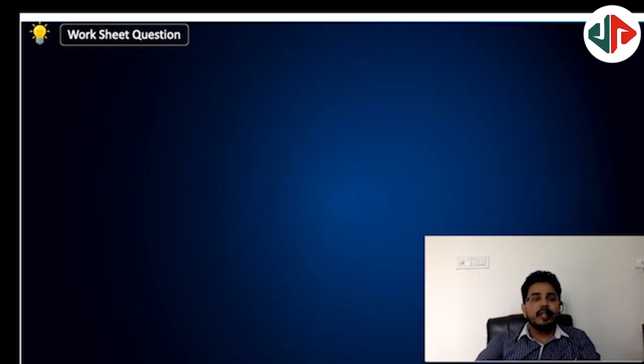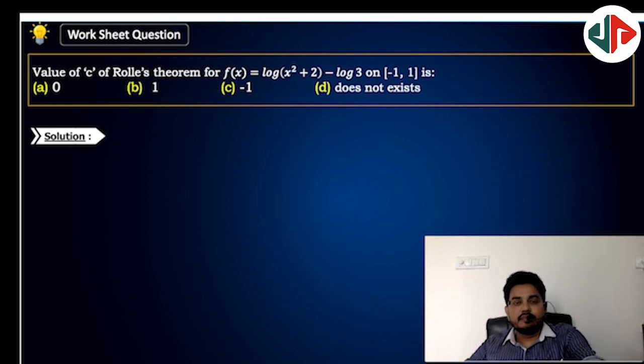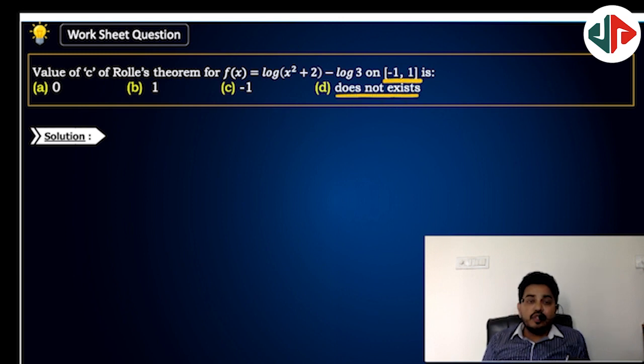Next question is the value of c for Rolle's theorem in the interval minus 1 to 1. You need to check whether it is possible or not. Yes, x square plus 2 is continuous, so log of x square plus 2 is also continuous.